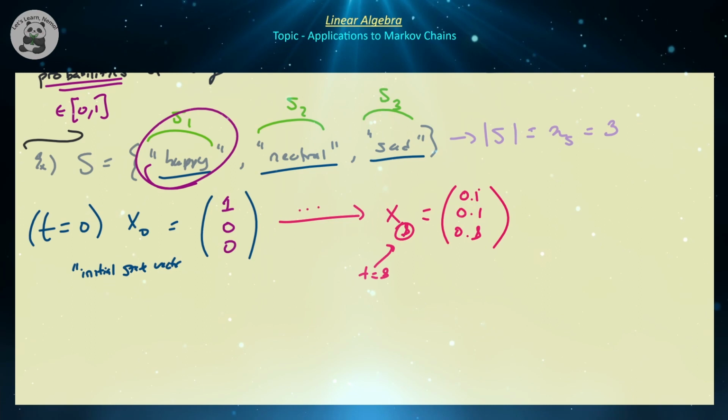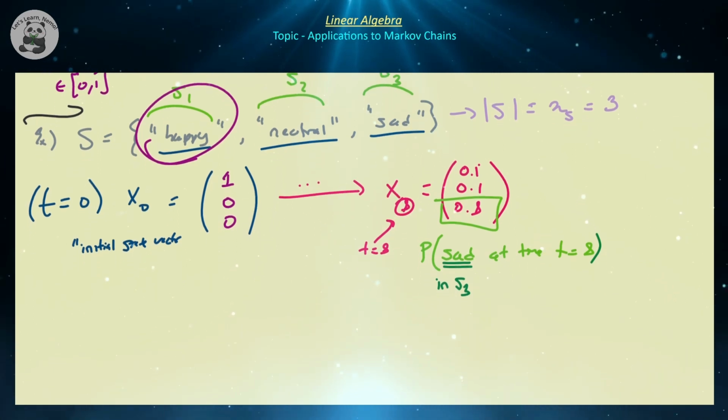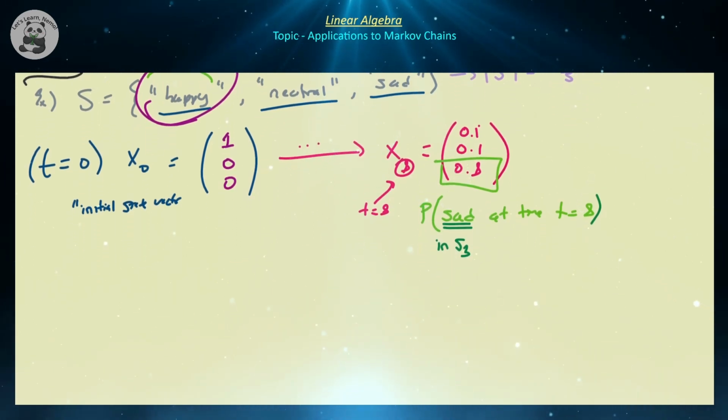So this number here can be interpreted as the probability of being sad at time t equals 8. And keep in mind, we can also interpret this as the probability of being in state 3 at t equals 8.